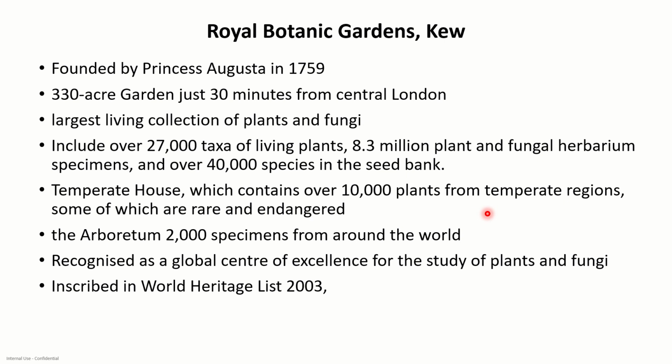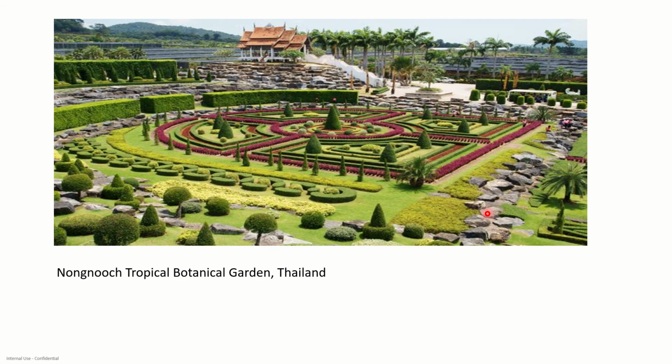The arboretum has 2,000 specimens from around the world. It is recognized as a global center of excellence for the study of plants and fungi, and it was inscribed in the World Heritage List in the year 2003.